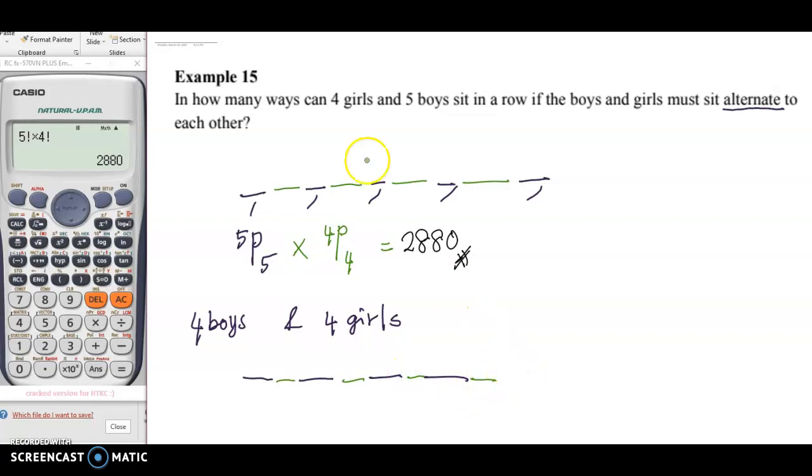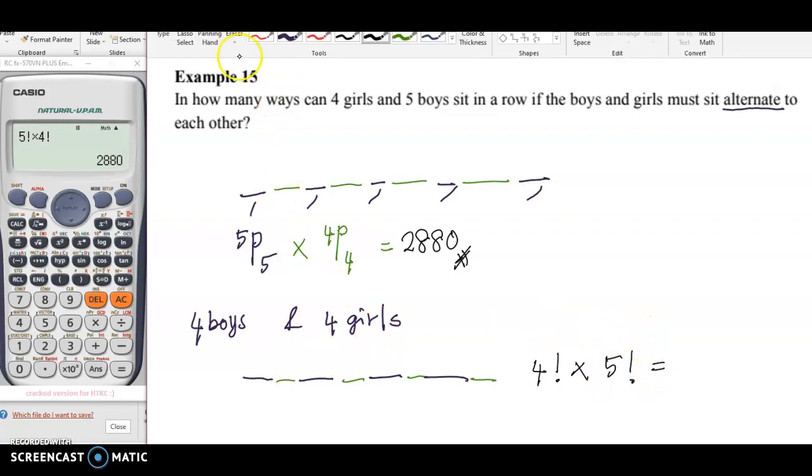So our working will be 4 factorial for the girls multiplied with 4 factorial for the boys. Remember the purple one is for boys, green for girls.